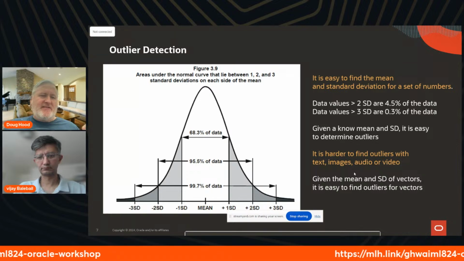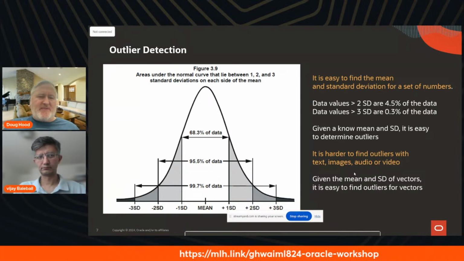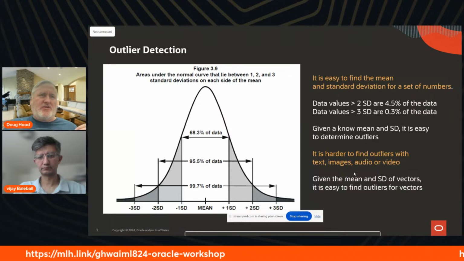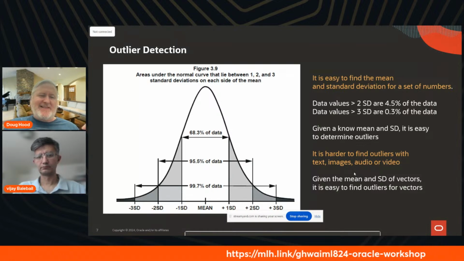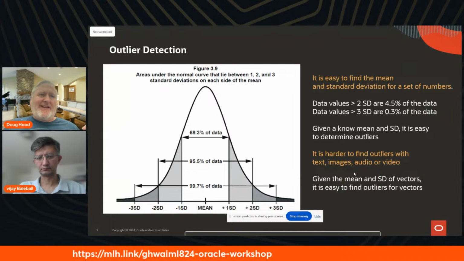Outlier detection is a variation of that. You're looking for things that are not the same as others. So you're tending to look for vectors which are greater than a certain threshold or certain distance. That's easy to say, but it's hard in practice to know what that distance or threshold should be.